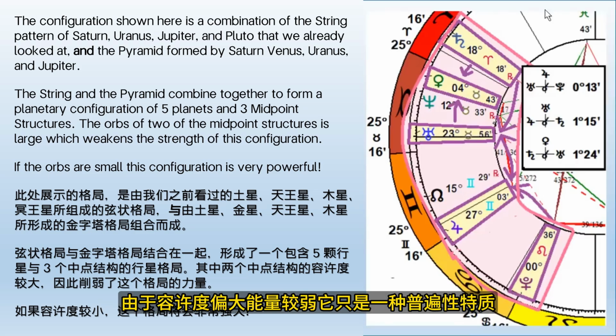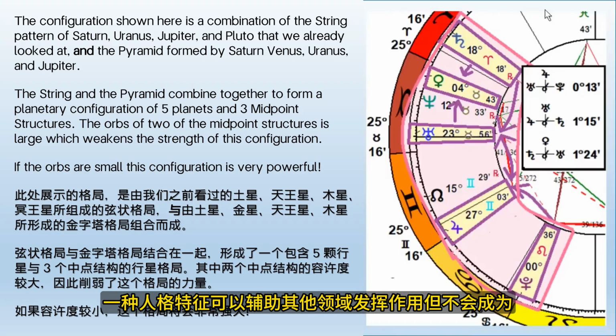Given that the orbs are weak, it means that it's a pervasive kind of quality, a personality trait, and it can assist other things I do, but not become the primary focus of what I do. So it's a quality that can help what you're doing, but not be the main focus.